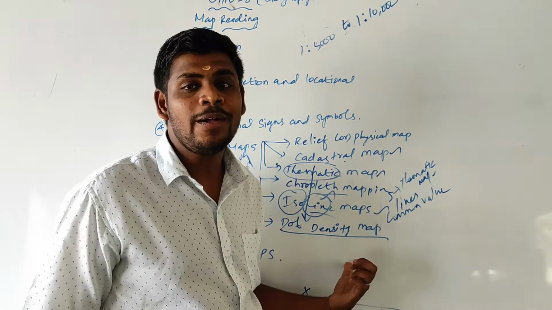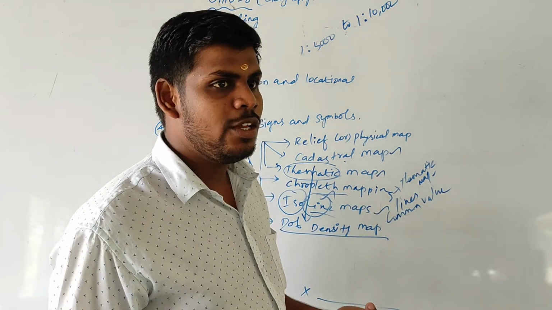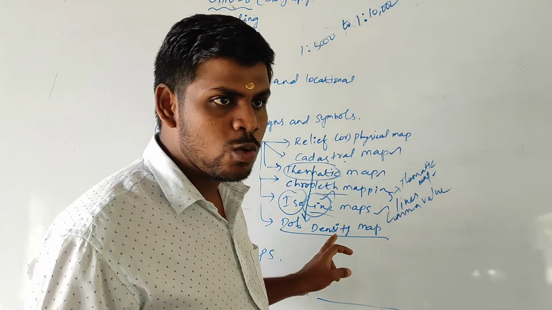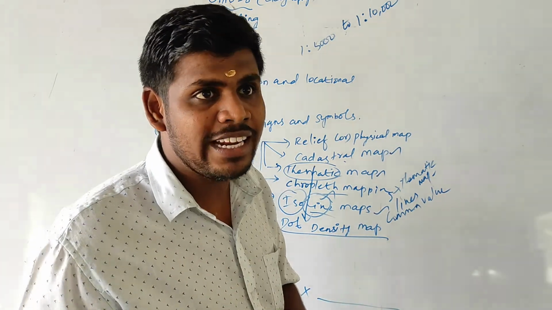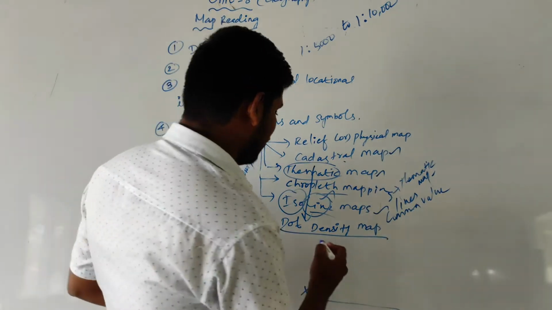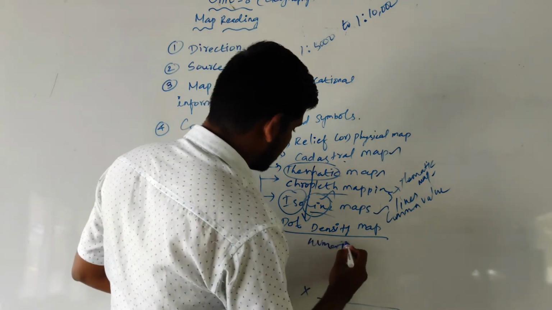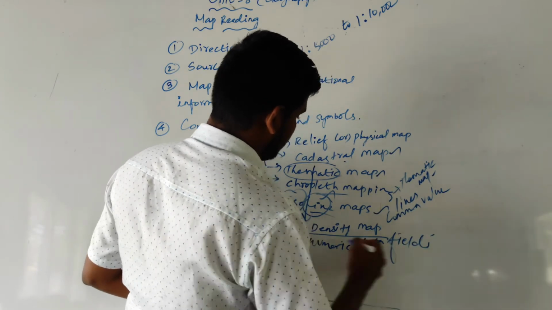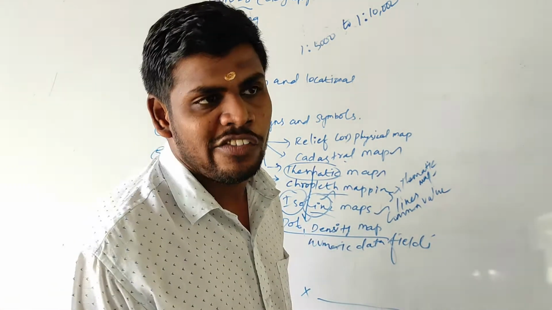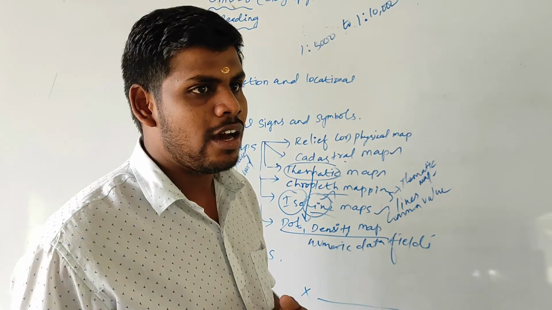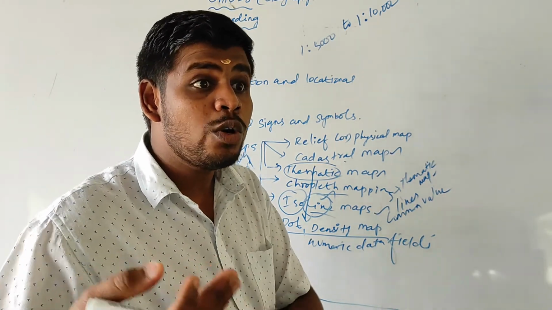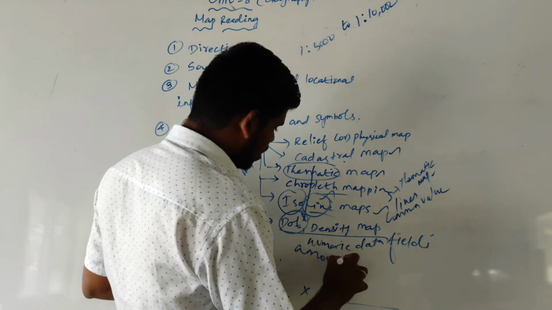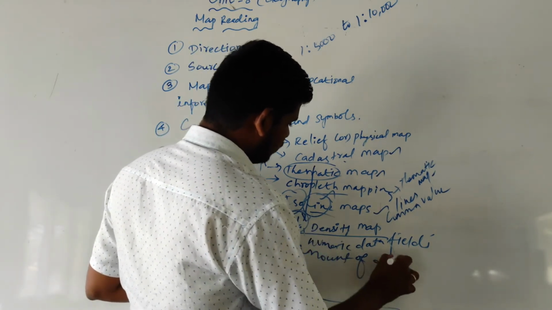It is a type of thematic map that shows the values of one or more numeric data fields. Each dot on the map represents an amount of data.